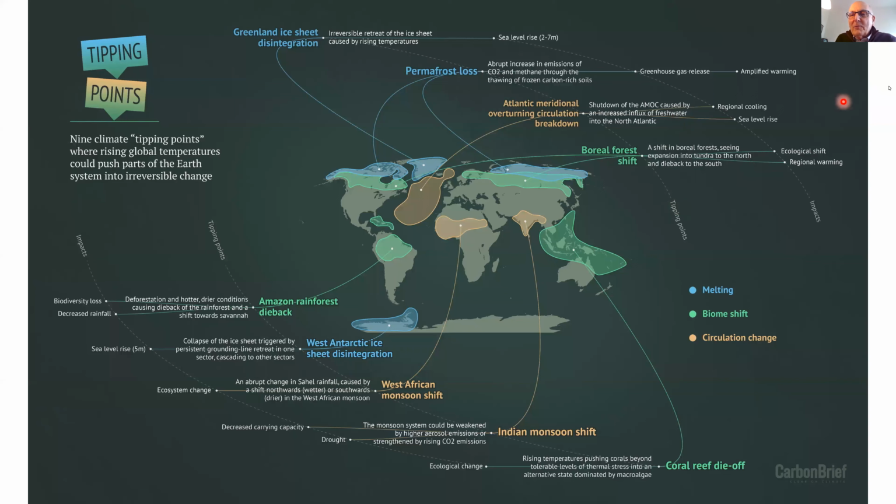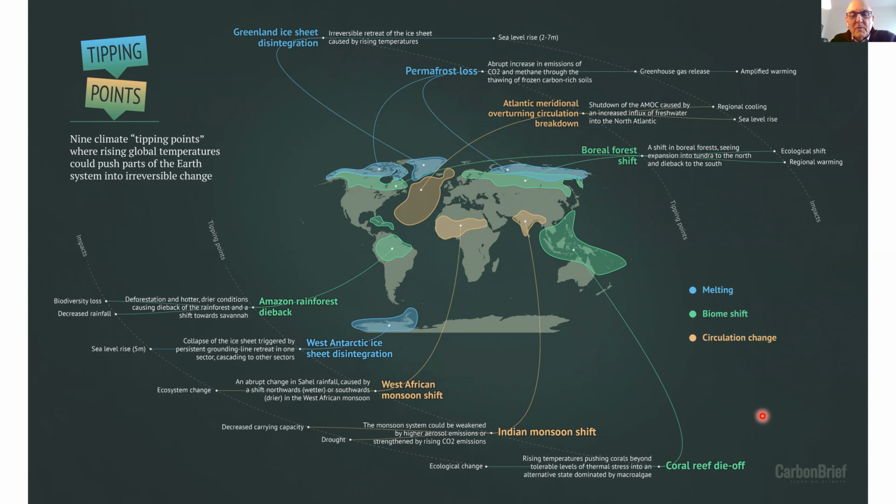So this is an infographic from a group at the University of Exeter, which is headed up by Tim Lenton, who's very well known in the climate tipping point area, which shows you a lot of the areas in the globe where there is some kind of natural concern for how subsystems of the climate or relevant to the climate may suddenly undergo some kind of tipping, which would be a sort of drastic, abrupt change of state.